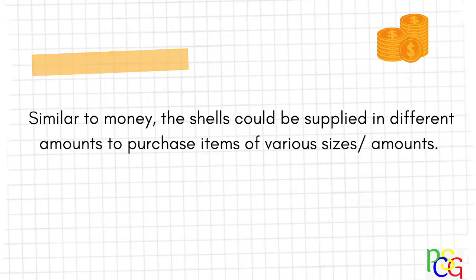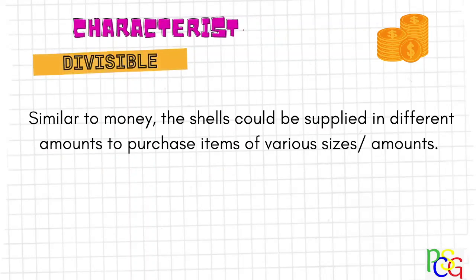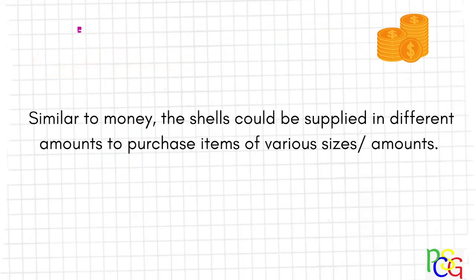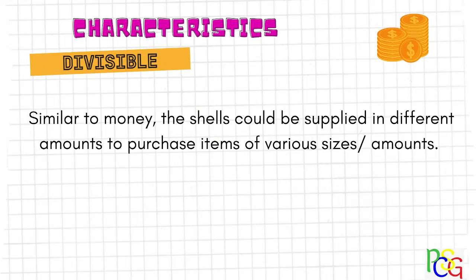And the last characteristic of money is that it is divisible. Similar to the shells, they could be supplied in different amounts to purchase various items of various sizes or amounts. So if they had a small box of juice, a medium box of juice, and a large box of juice, you can pay $5 for the small box, $10 for the medium size and $20 for the large one.